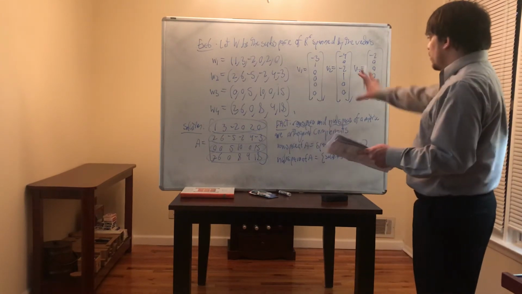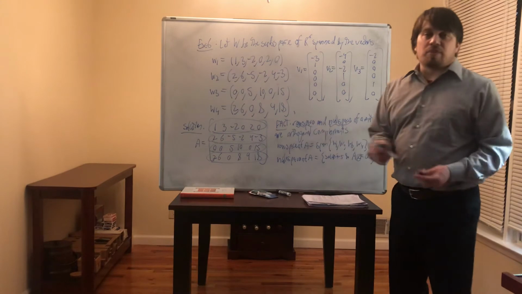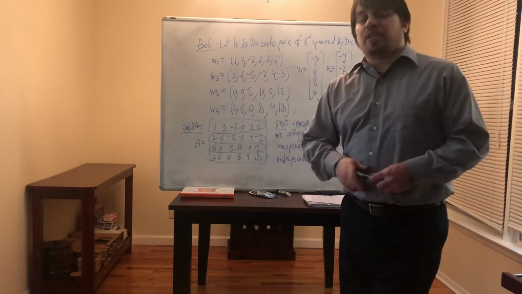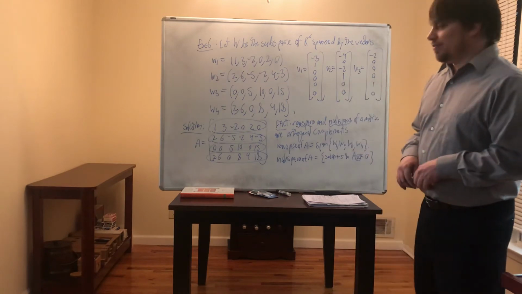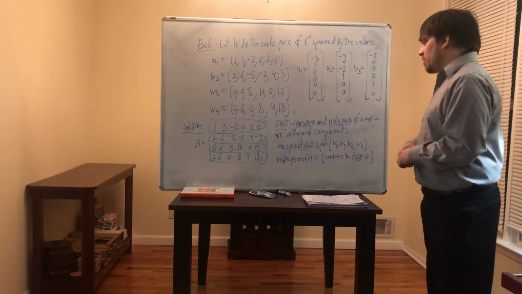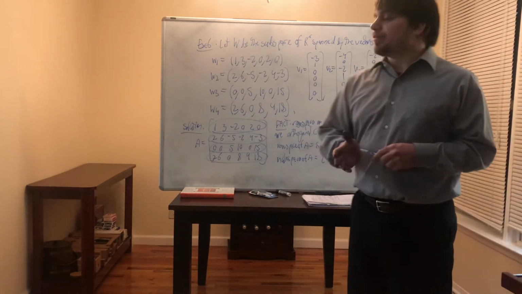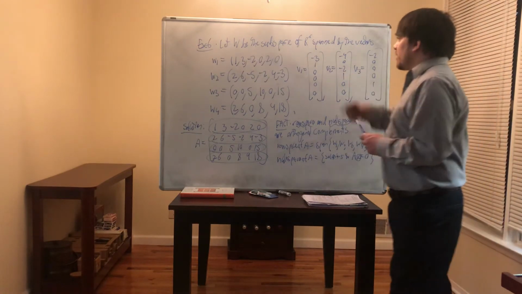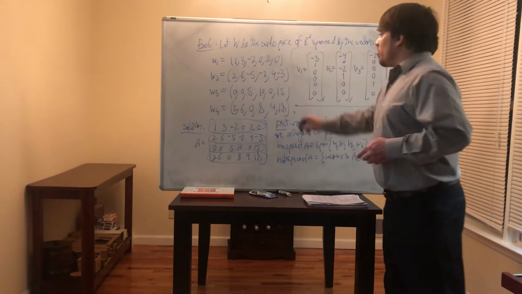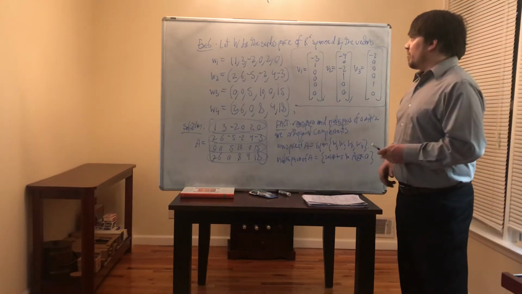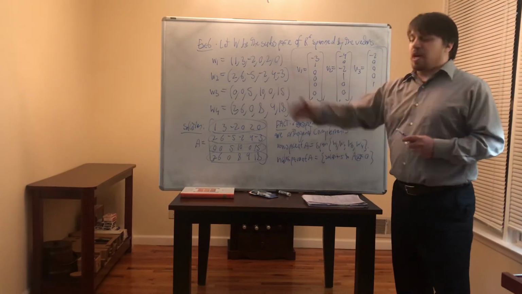So those three vectors form a basis for the null space of A. And so they form a basis for the orthogonal complement of the row space of A, by this fact, the row space and null space of a matrix are orthogonal complements. And so that's the answer. Those three vectors form a basis for the orthogonal complement of the subspace of R6 spanned by those four vectors.